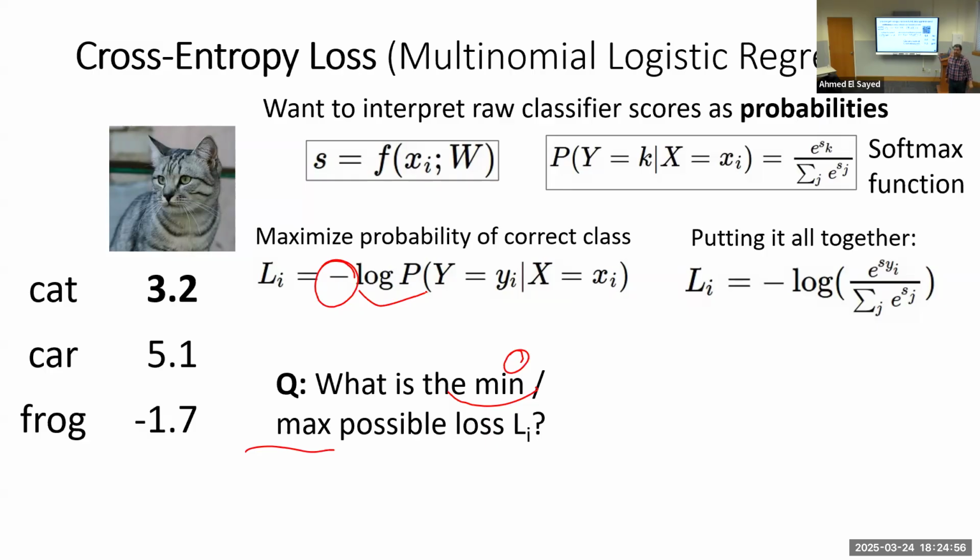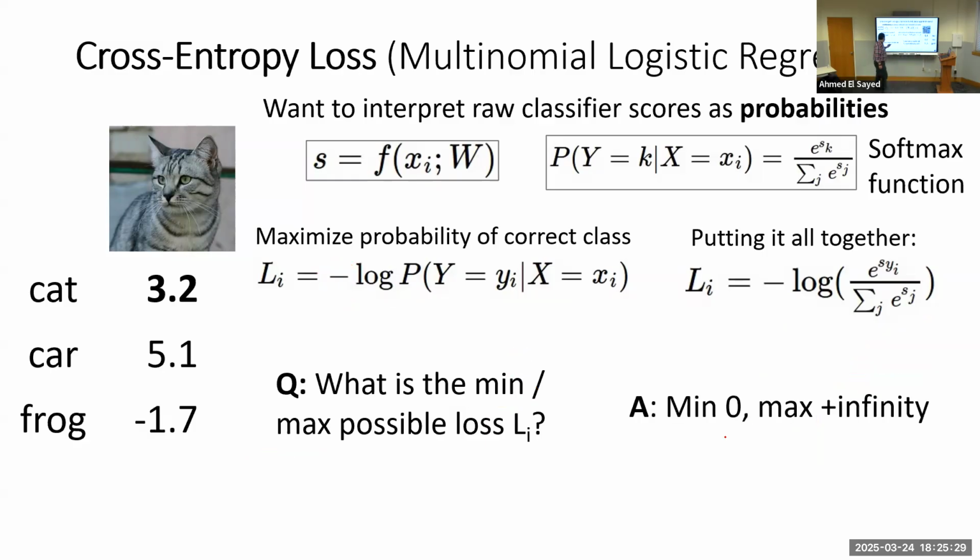Are you sure? This is the curve for the log. So log 0 equal what? Minus infinity. Log 0 is minus infinity. So minus minus infinity equal plus infinity. So the minimum value is 0, the maximum value is plus infinity.